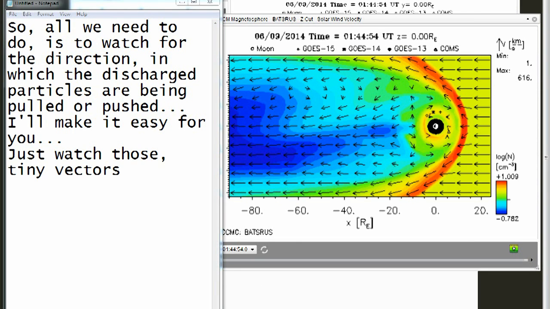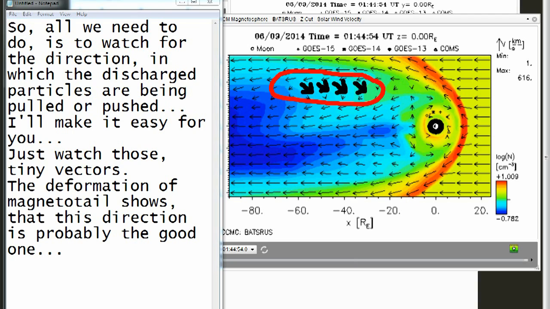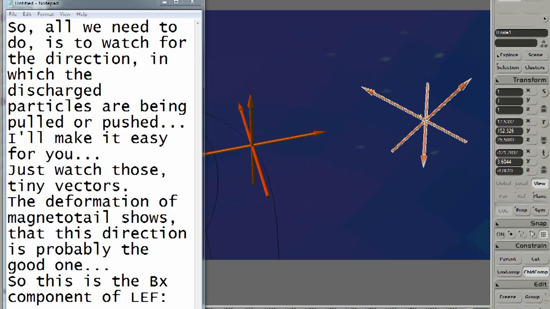Just watch those tiny vectors. The deformation of the magnetotail shows that this direction is probably the good one. So this is the Bx component of the low energy field.